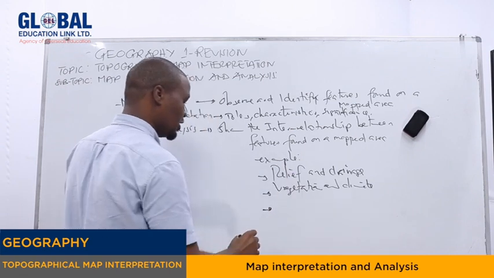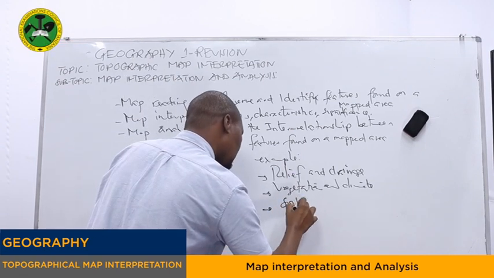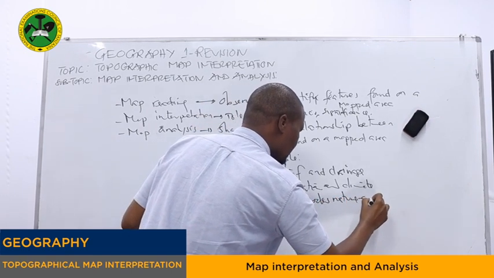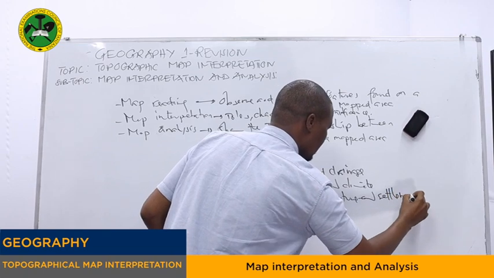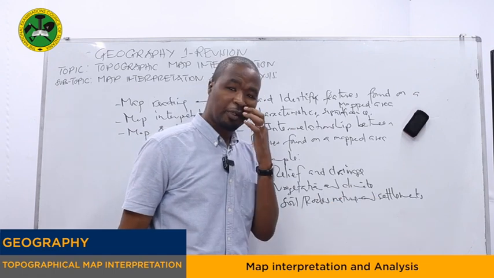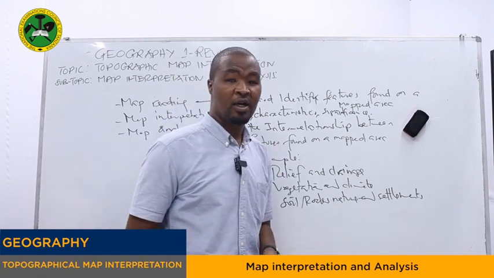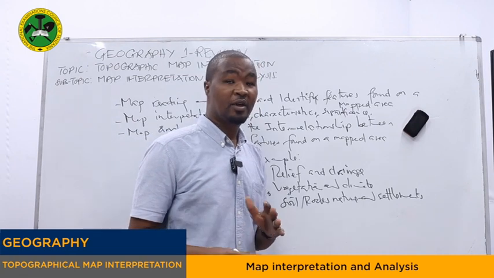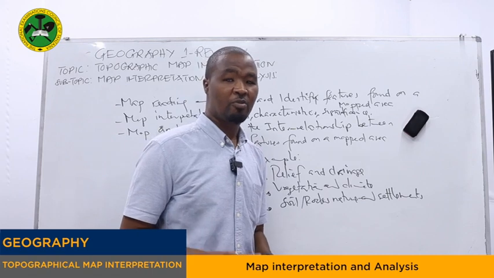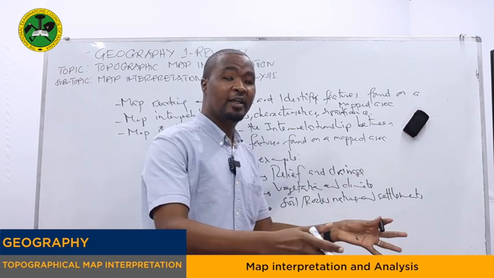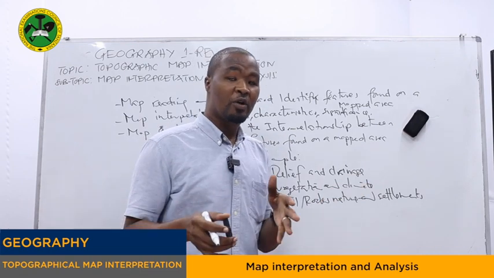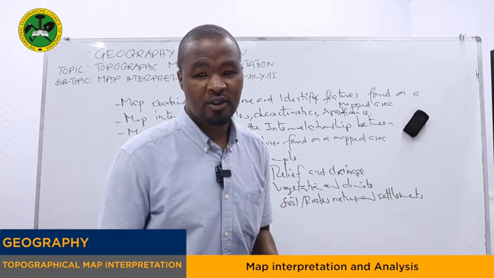Let's see the relationship between soil or rock nature and settlement. Most people, especially farmers, like to settle in a place where there is good soil for agricultural activities. So you may find most of them accumulated in areas with fertile soil, because they will do their activities in a sustainable way.